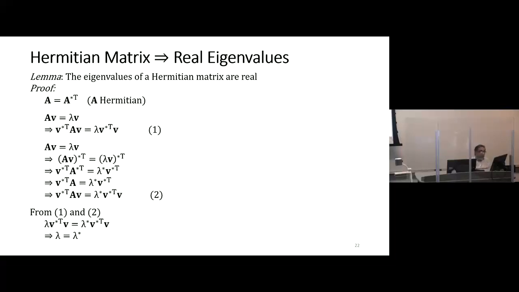In other words, when is lambda equal to lambda star? When it doesn't have an imaginary part, or the imaginary part of lambda is 0. Therefore, it's a real scalar. So a Hermitian matrix has only real eigenvalues. Next.